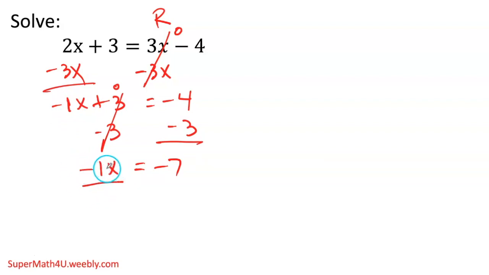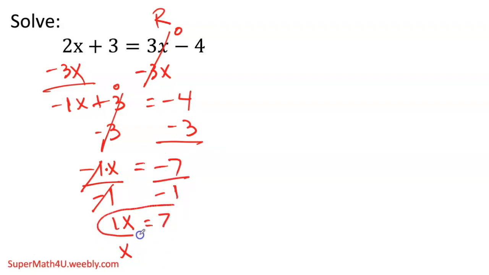The negative 1 is multiplying the x, therefore I do the opposite, which is dividing. I do it on the left side, I do it on the right side. Negative divided by negative gives me positive, therefore I have 1x, or it's just an x. Either one of them is the same thing. Negative 7 divided by negative 1 gives me 7. So this is my final answer, x equals 7.